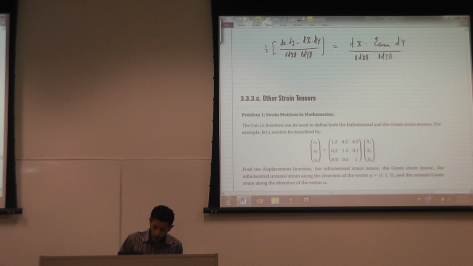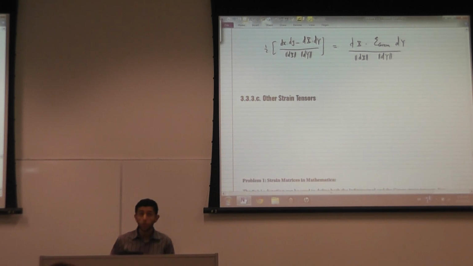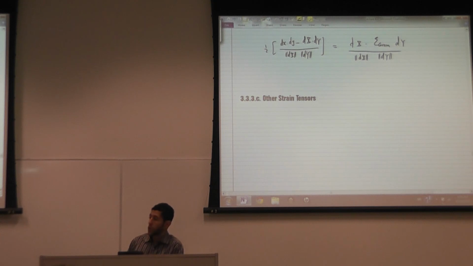There are many other strain tensors that you will find used throughout. Strain depends on how you define it. Some other strain measures are the logarithm of the different components of U, and this is called the Hencky strain.